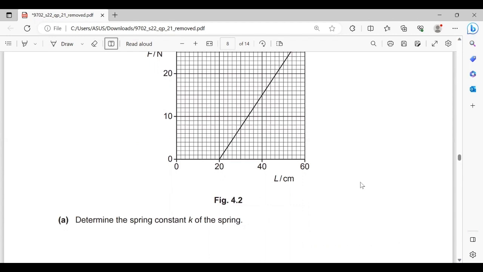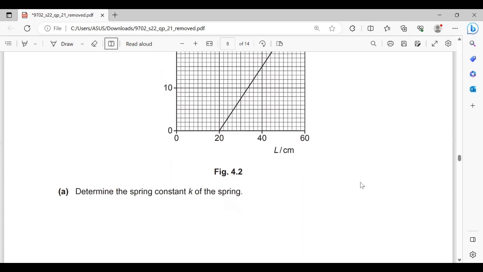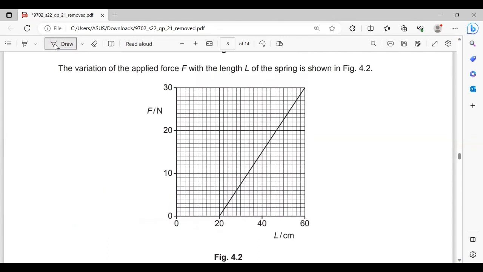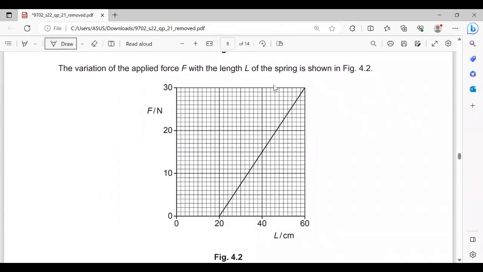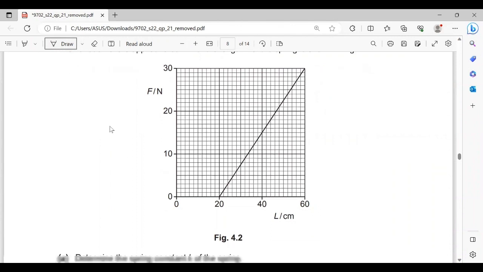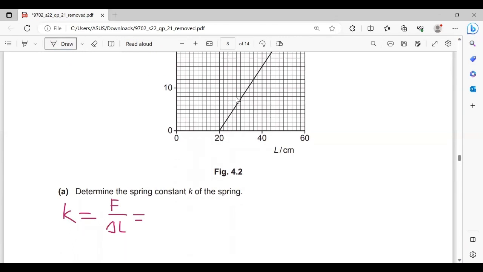Okay, we're gonna find K. K equals force over delta L. Force is 30 newtons, this point. And then delta L is 0.6 minus 0.2.